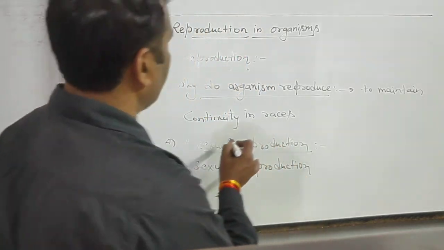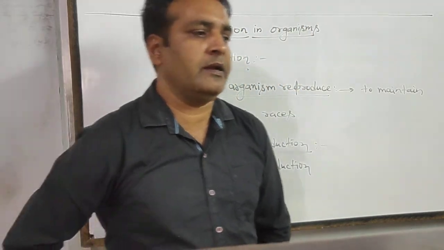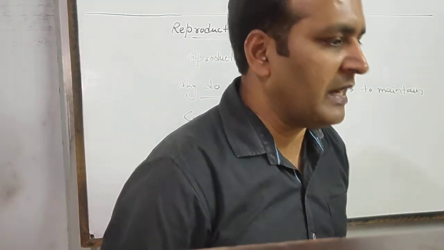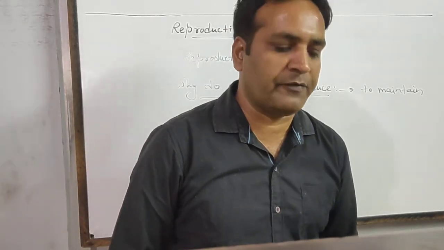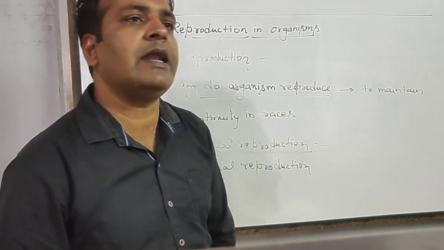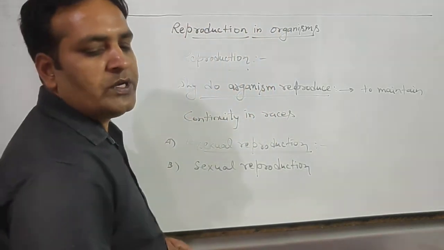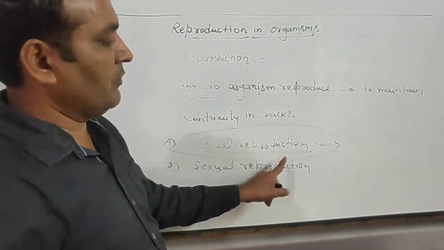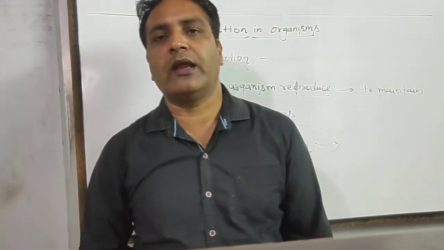So in asexual reproduction, organisms can be produced from a single parent, because there is no need of formation of gametes as well as no need of fusion of gametes, that is called fertilization. The products of asexual reproduction are always identical to their parents, and the term clone is used to describe such morphologically and genetically similar individuals.